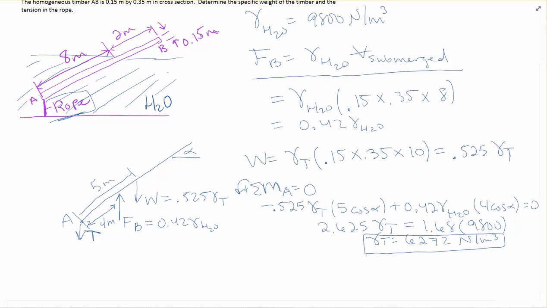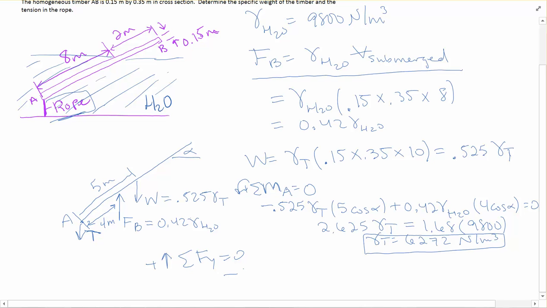Alright, so now we found that. Now we also want to find the tension in the cable. And that'll be simple to do now that we've found this gamma sub T. So the easiest way is going to be to just sum up the y components of force. Right? So let's say up is positive. Again, we want that summation to equal 0 because we want this to be in equilibrium.